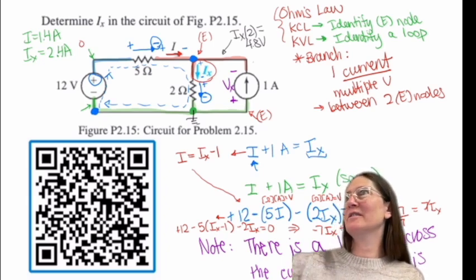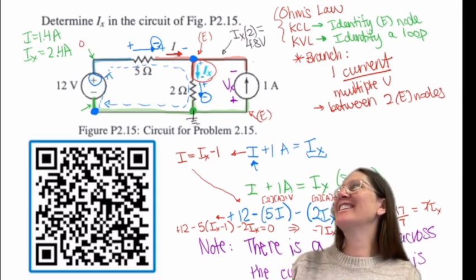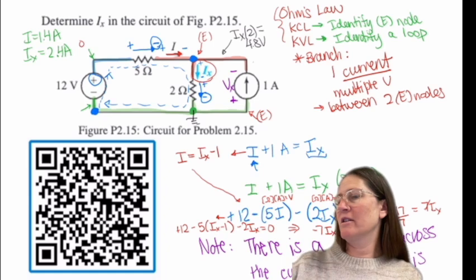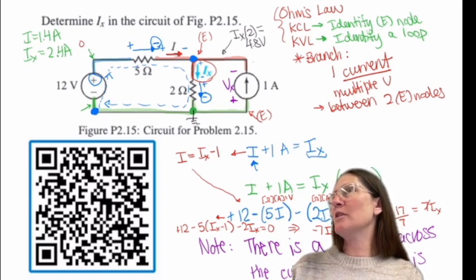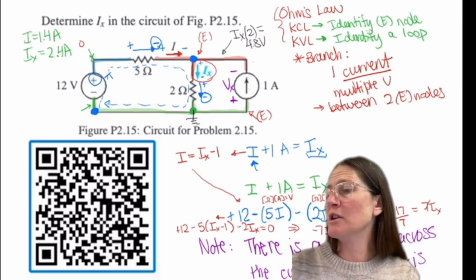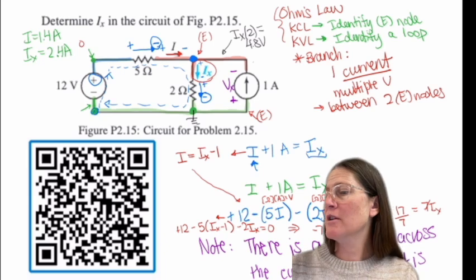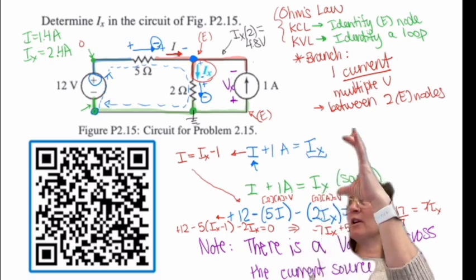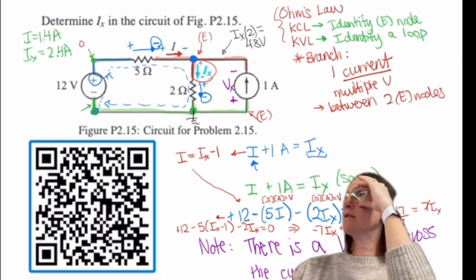Yes. Yeah, go ahead. Why can't you use Ohm's law and then add 1 amp to your answer? What would you use for the Ohm's law? If you use 12 volts, remember, 12 is only between here and here, not across any resistance. So you can only use it if it's in parallel directly with the resistance.